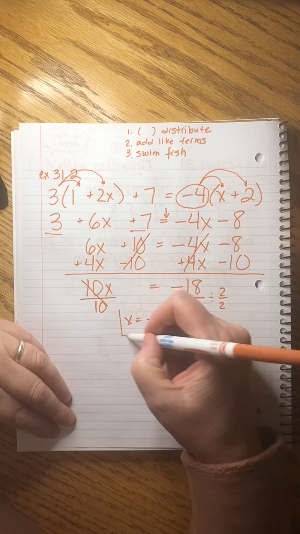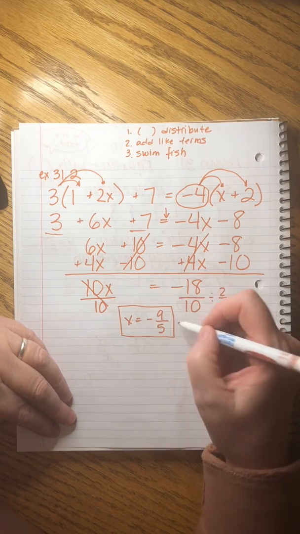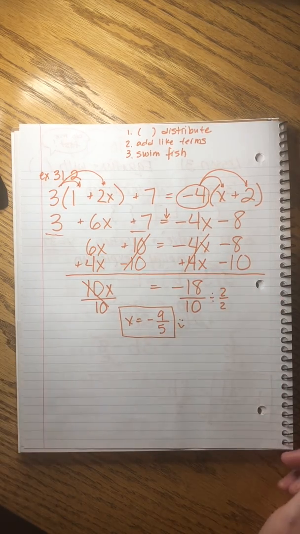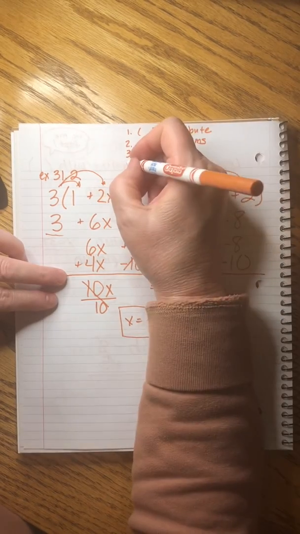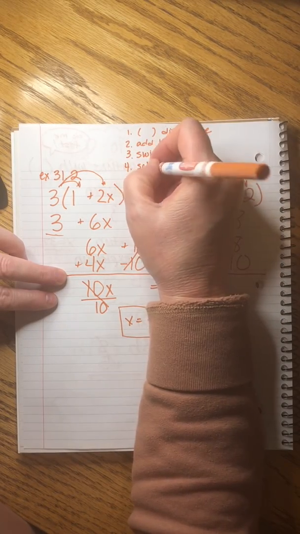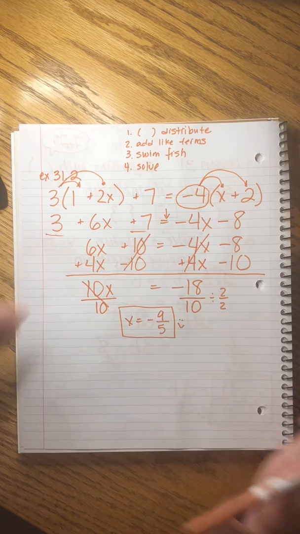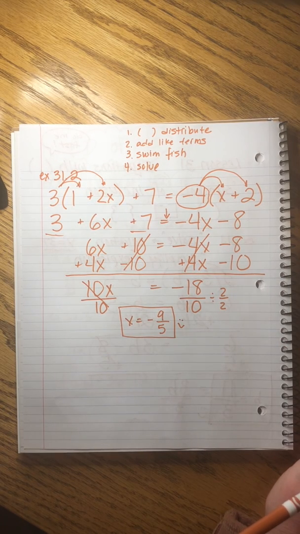John agrees. Yay! Okay, swim, fish, and then solve is that last step, right, where we divide away. Okay, that's number 2.